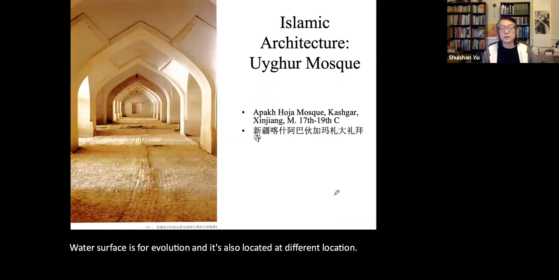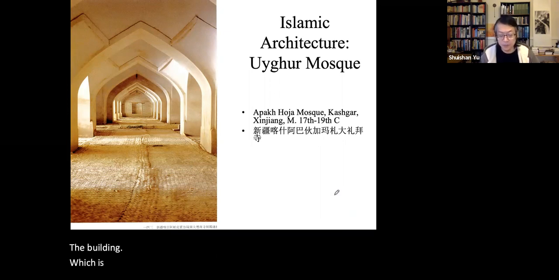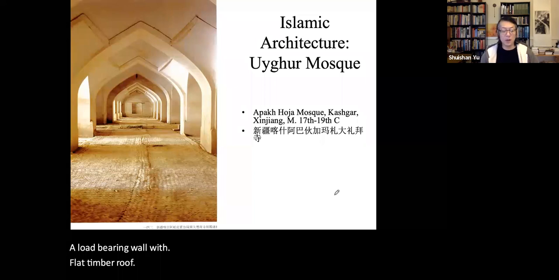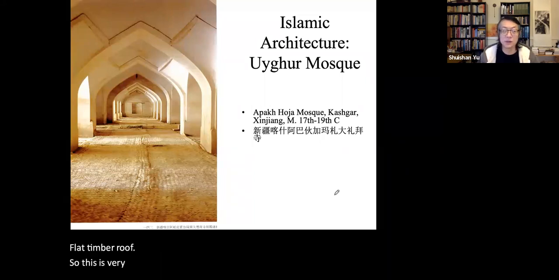The building, which is very typical for Xinjiang province, combined a load-bearing wall with a flat timber roof. So this is very common for Uyghur mosques.